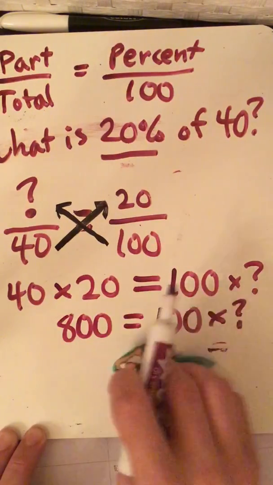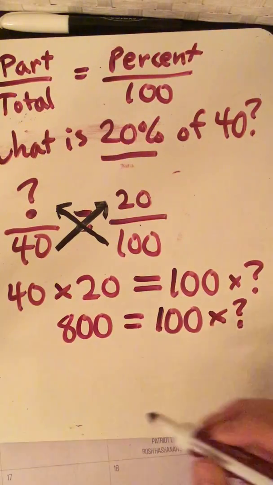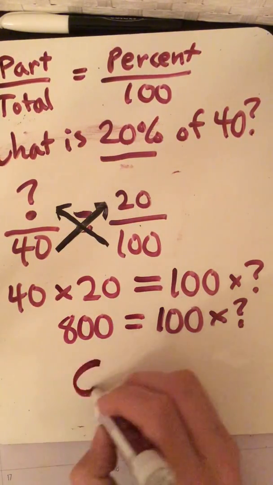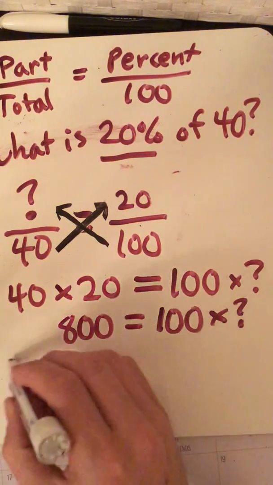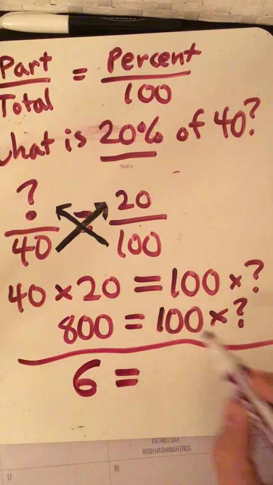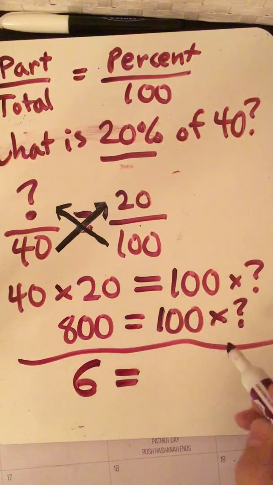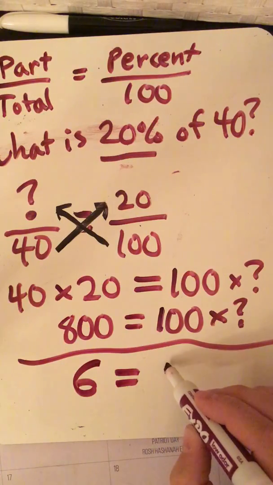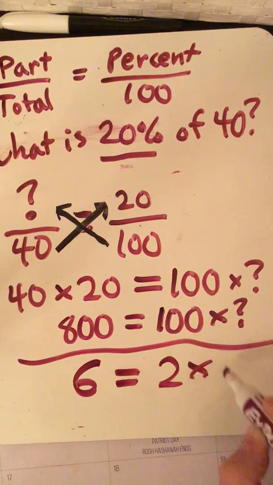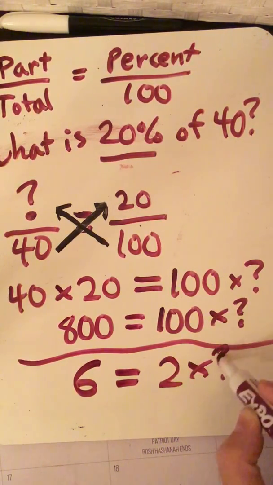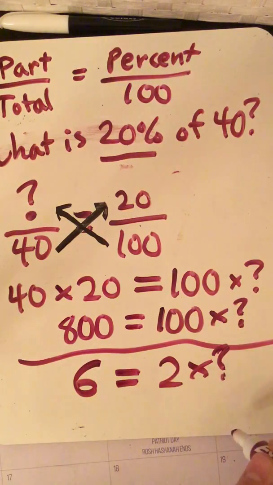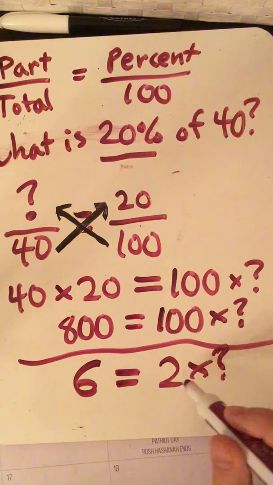Well, let's look at another example with multiplication. If I know this is 6 over here, just as an example, I'm going to go back to this in a second. We know that 2 times something is equal to 6. We know that's 3, right?